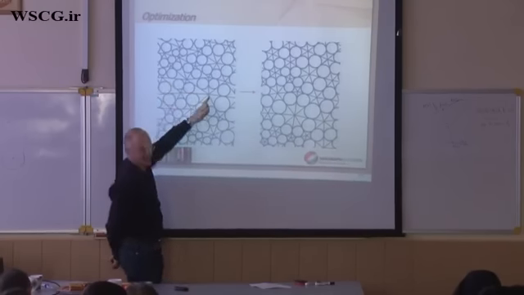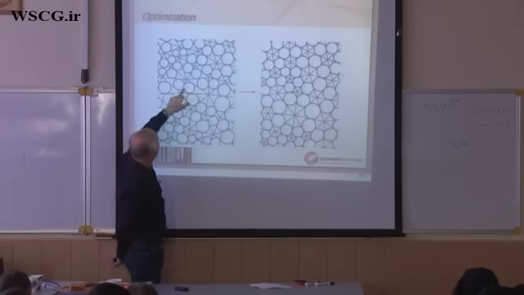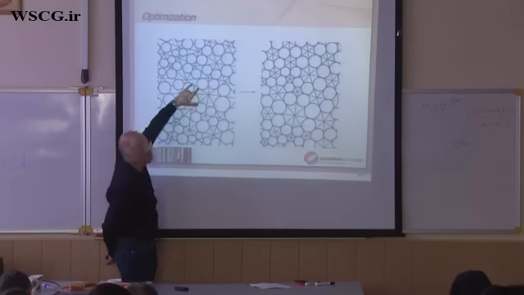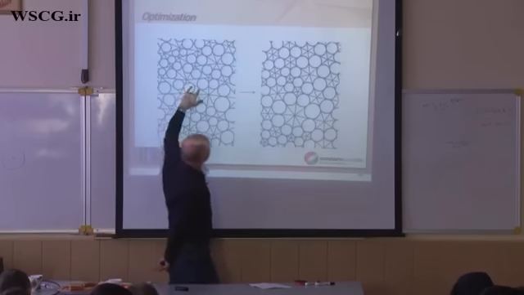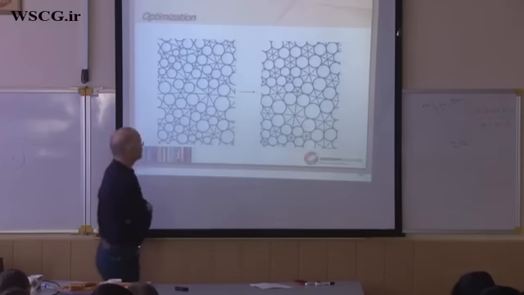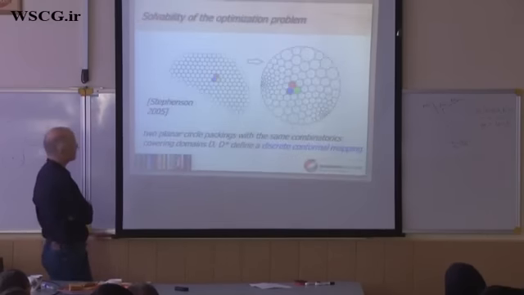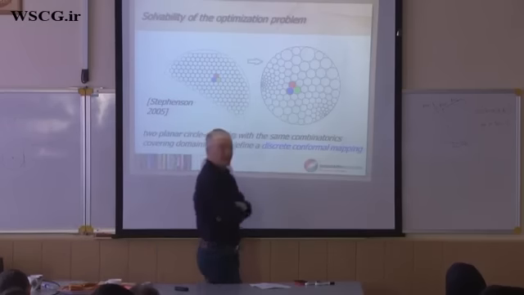Here it is very easy to see, right? You have two adjacent triangles, in-circle, but the contact points are very far away. They should be the same for an in-circle packing. So like here, the same. And this optimization will make it. The question is, yeah?